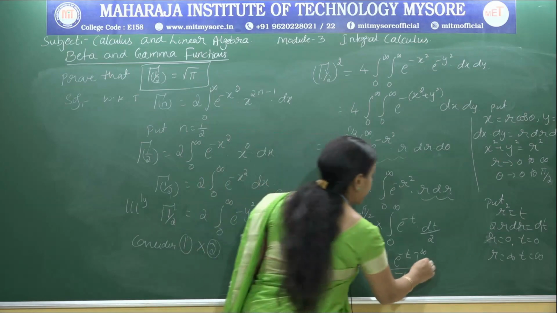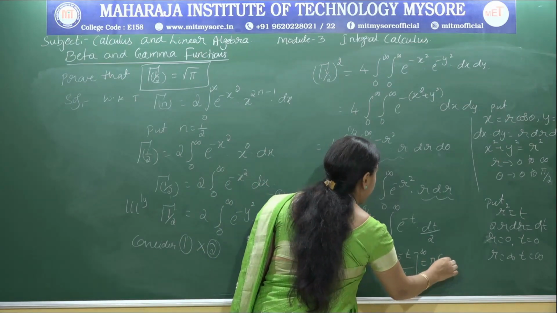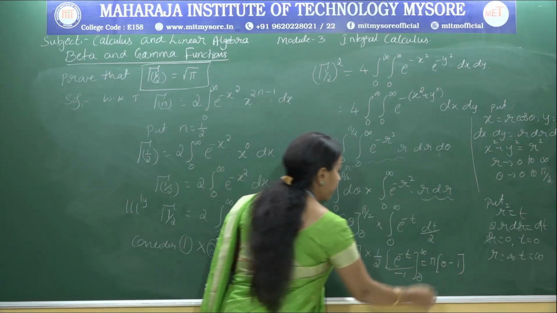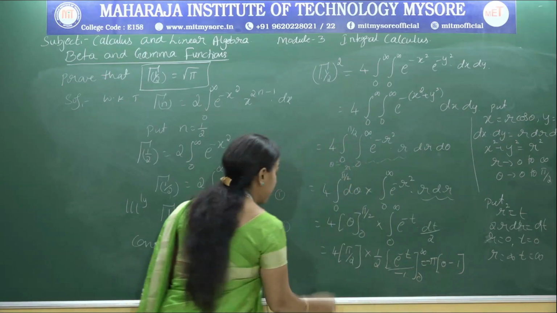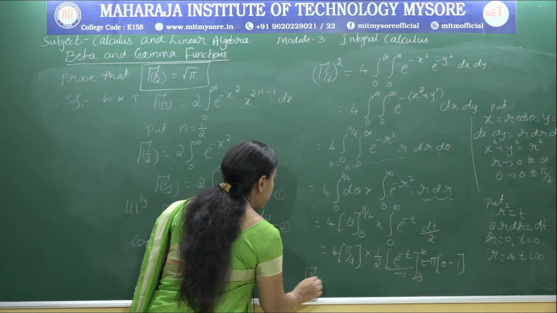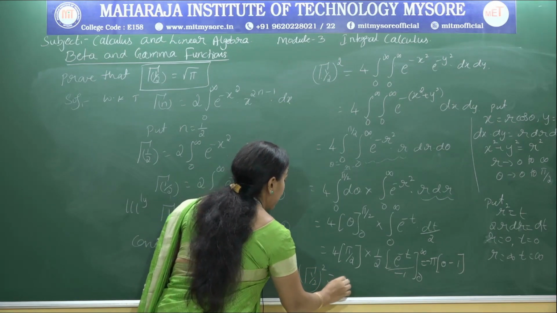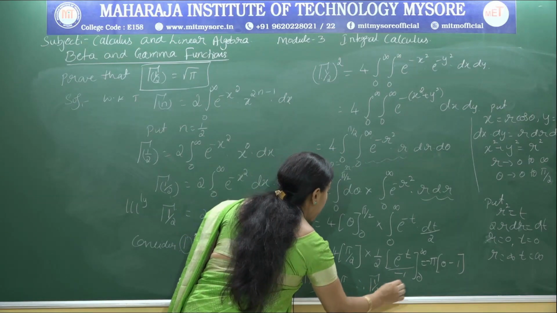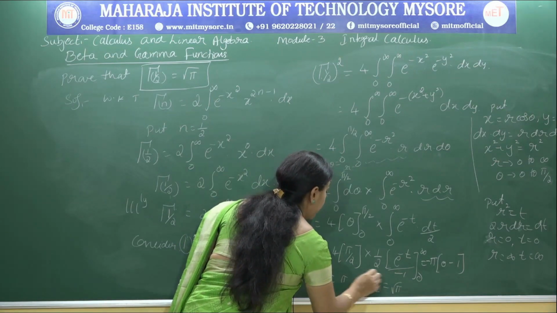So 4 gets cancelled, we replace pi into upper limit 0 minus lower limit 1. So minus of minus gives plus pi. So gamma half whole square is pi, or what is gamma pi or gamma half? So gamma half is root pi.